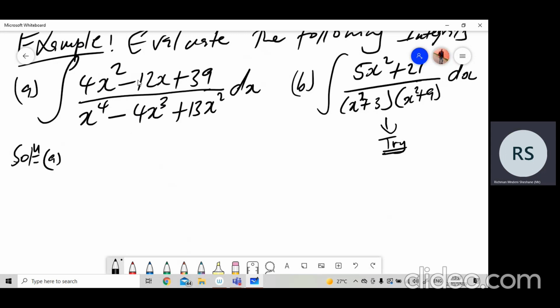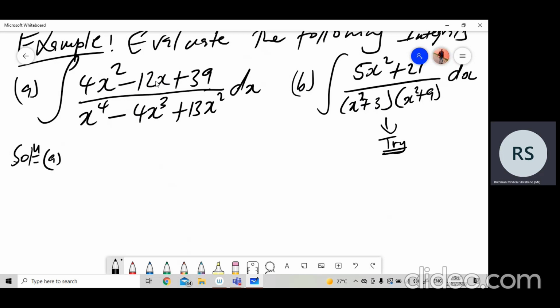And again, your first step is to check that the degree of the numerator should always be less than that of the denominator. You see the degree of the numerator is 2, the highest power is 2, and the degree of the denominator is 4. If it's equal or the degree of the numerator is greater than that of the denominator, you start by long division.